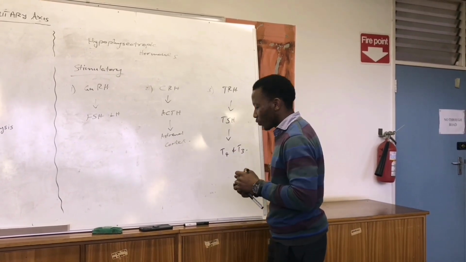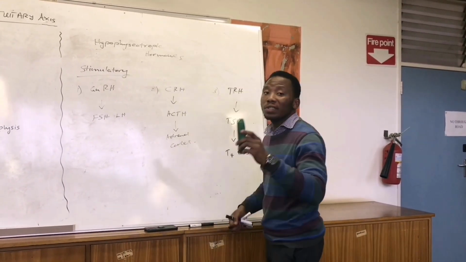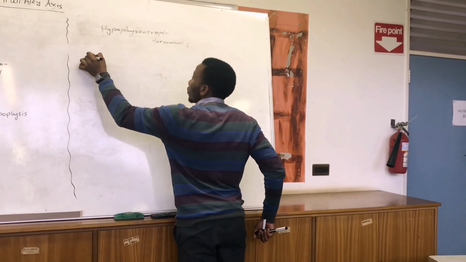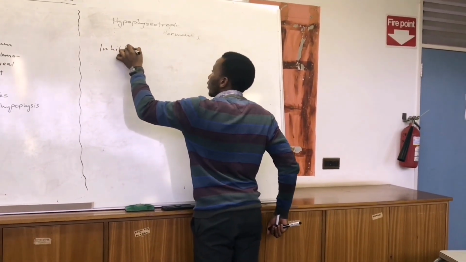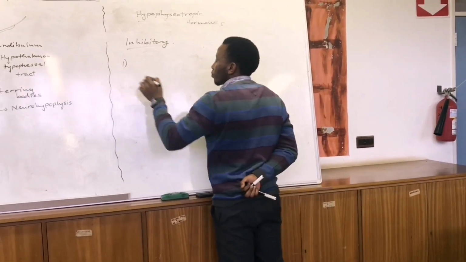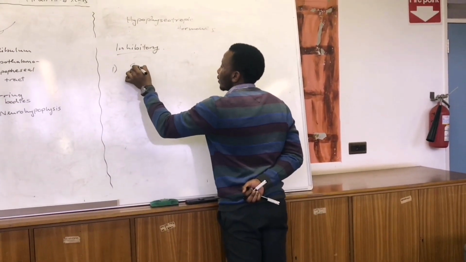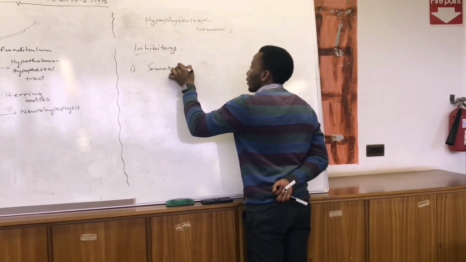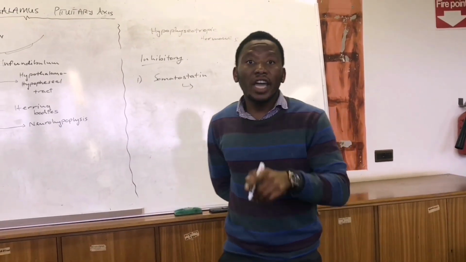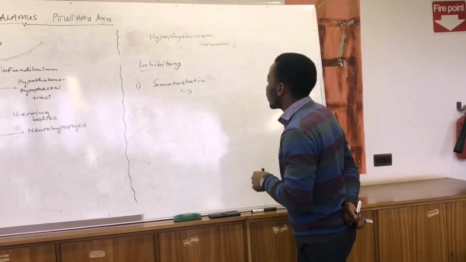Look at the other hormones released by your hypothalamus. These ones are inhibiting hormones, okay? These ones are inhibitory. Right. The first one is what we call somatostatin. Somatostatin says, wherever I am, I'm going to be inhibiting, okay?